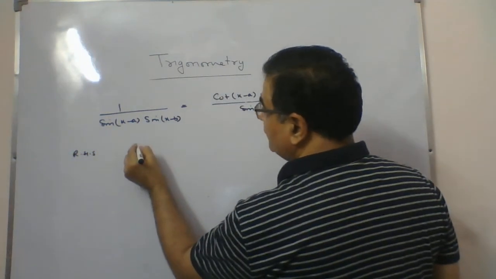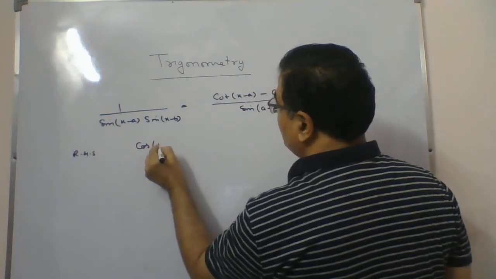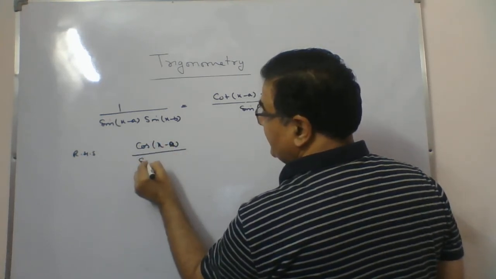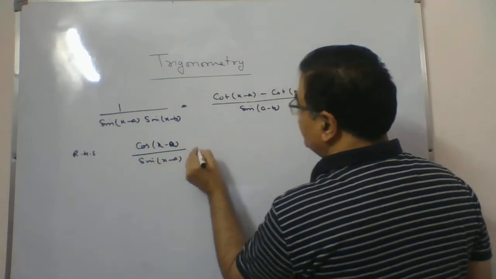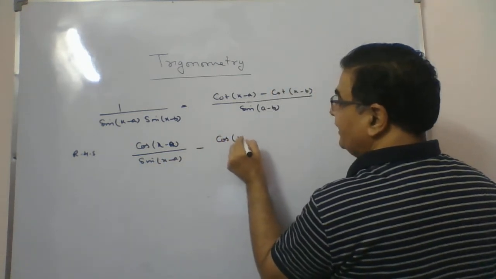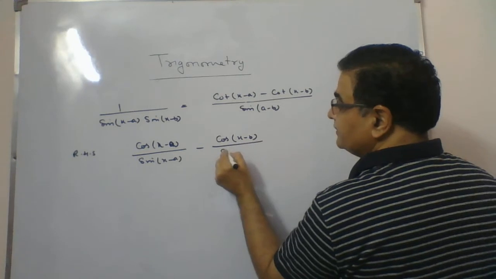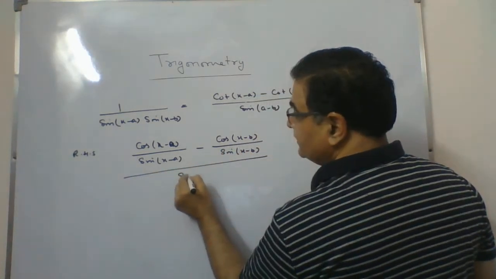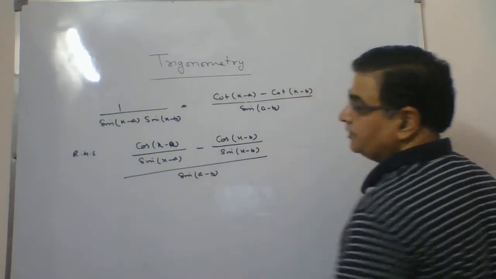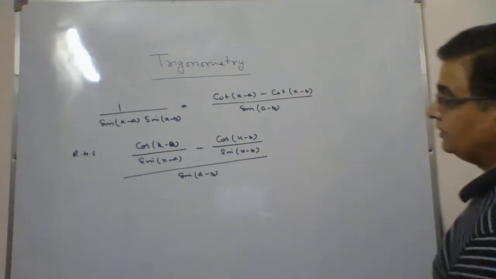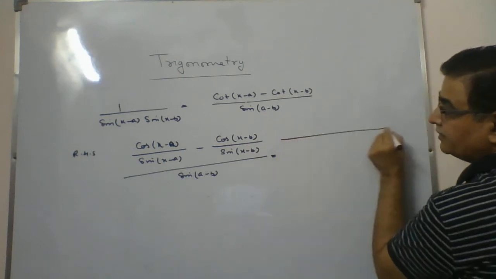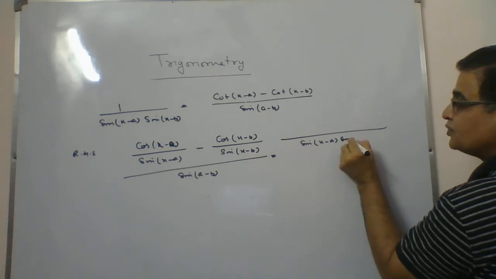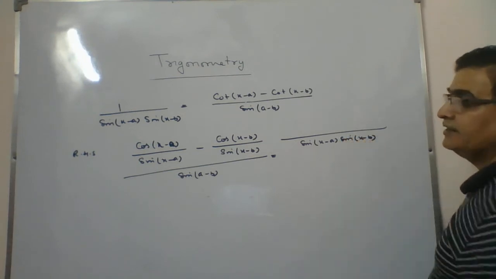In right hand side, cot is there, so I write down cos of x minus a by sine of x minus a minus cos of x minus b by sine of x minus b whole divided by sine of a minus b. Now when you go for LCM here, it comes out to be sine x minus a into sine x minus b is my LCM.